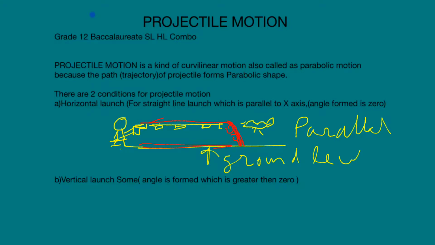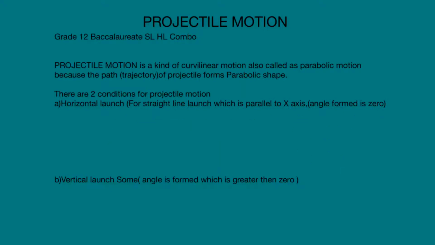We will take another example of horizontal launch. Suppose a table is there, and a boy is rolling a car, a small toy car.